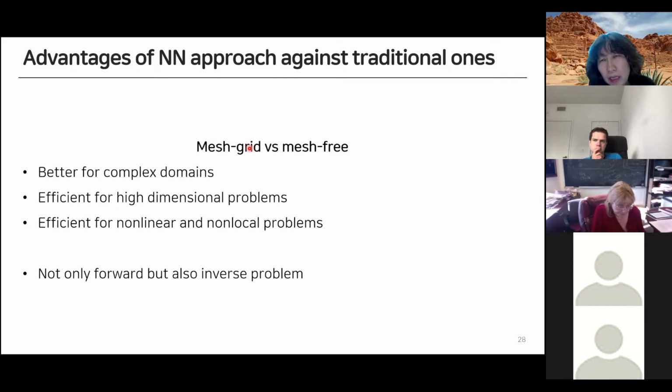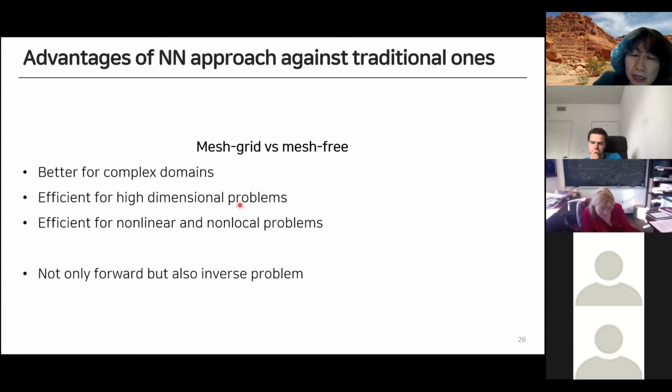However, when the domain becomes complicated, complex, then it's very hard to find a uniform mesh grid. Therefore, it's very hard to work with complicated domains in this case. However, this new approach is mesh free, so it works better for these complex domains.